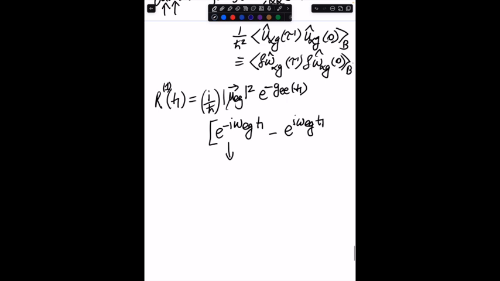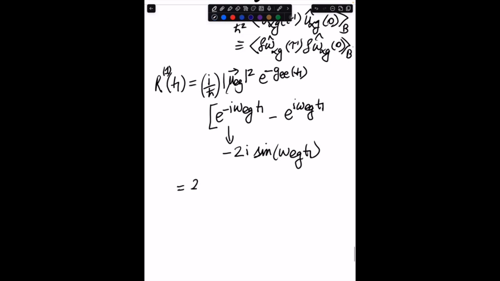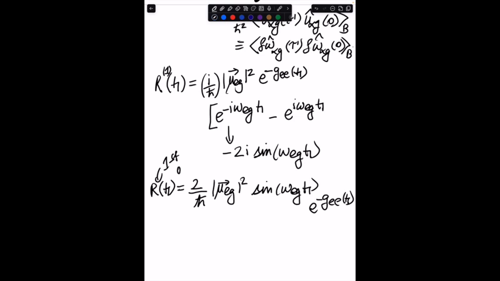So this will give you minus 2i times sine omega eg t1, and that will give you 2 upon h bar mu eg square times sine omega eg t1 times the exponential minus g_ee t1. And then this is your first order response function.